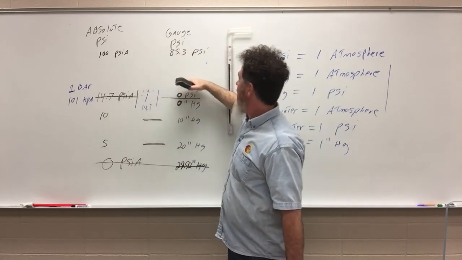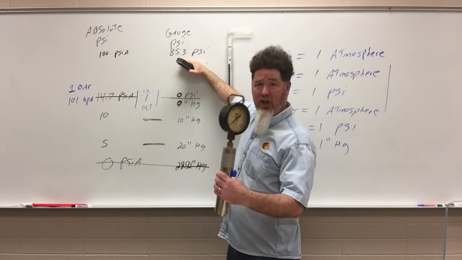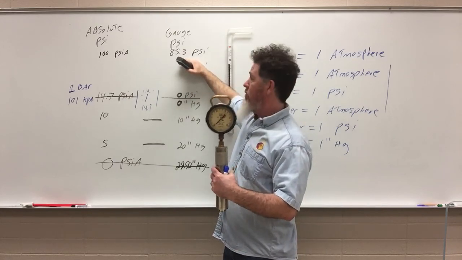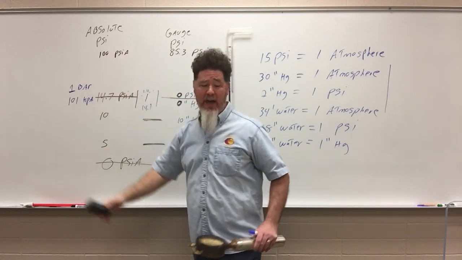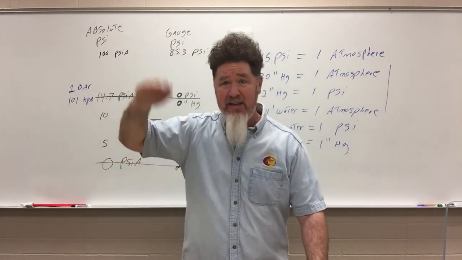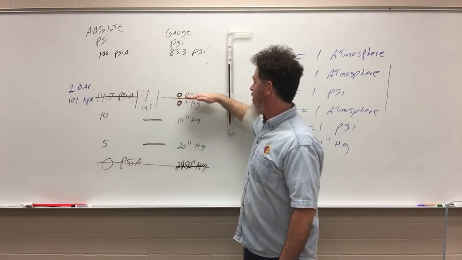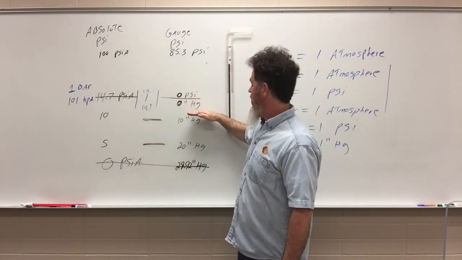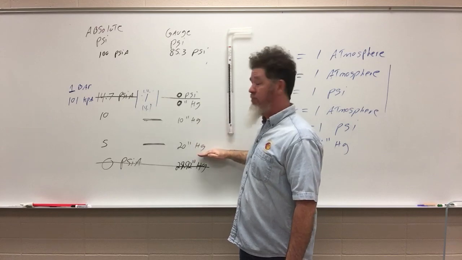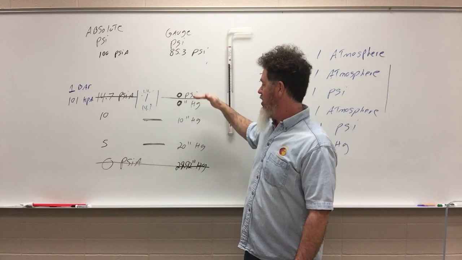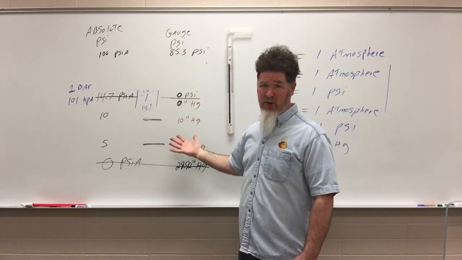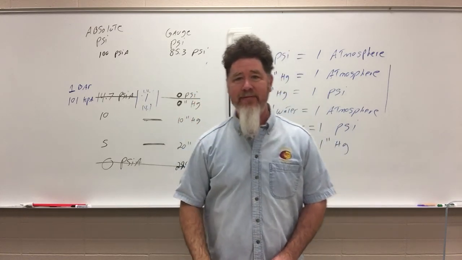For every PSI change on your regular gauge, like your fuel pressure gauge, that's the same unit of change on your absolute gauge. That stays the same. Only when I get down below atmospheric pressure do we change into units of mercury, because mercury is a finer measurement than PSI, which sometimes gets confusing for technicians.